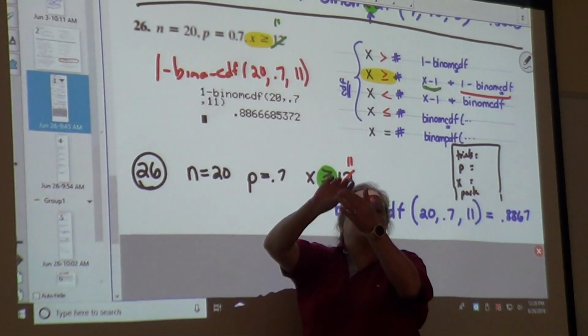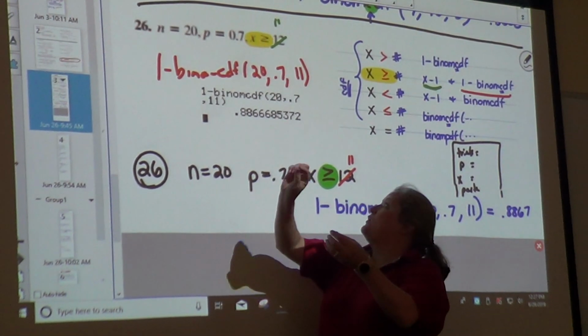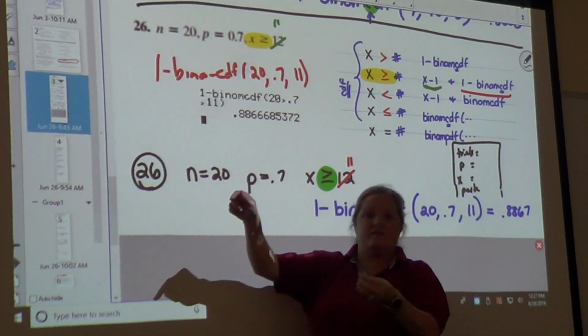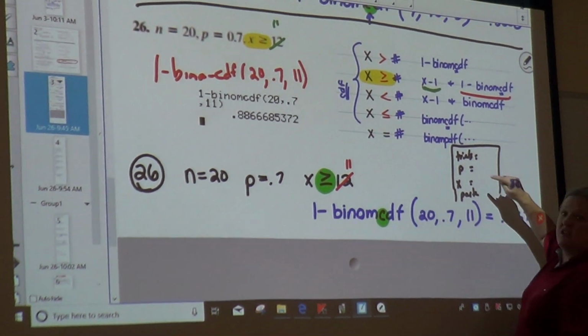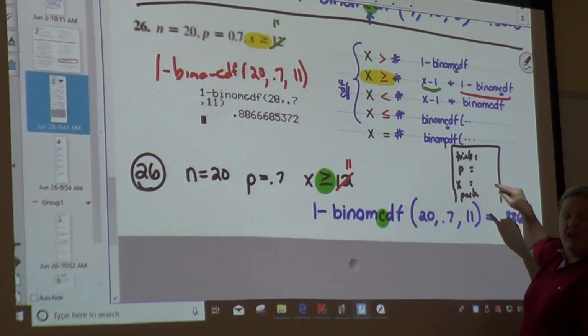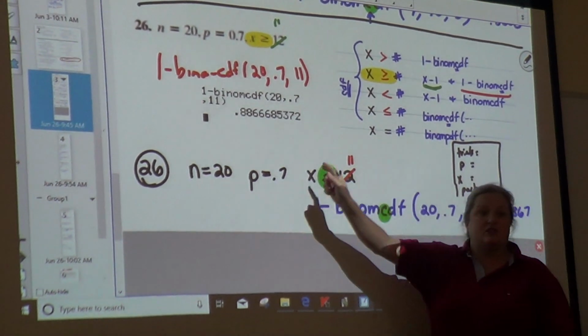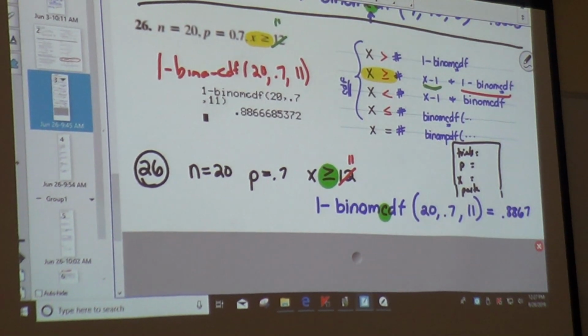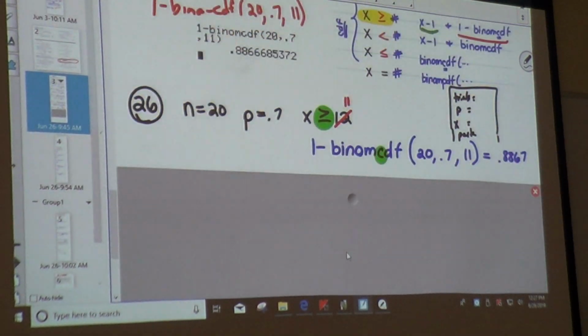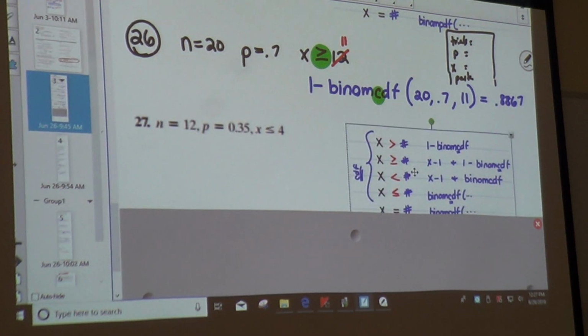So instead of 20, comma, 0.7, comma, 11, she did 20 enter, 0.7 enter, 11 enter, and when she hit paste, it made it look like that. So it's just according to which type of calculator you have.